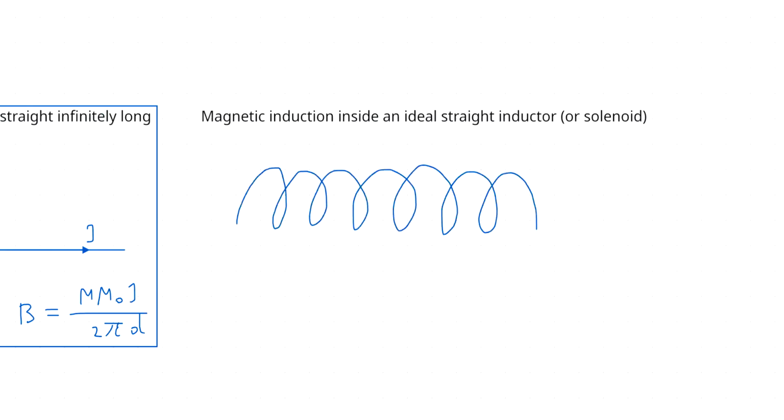And if this inductor is ideal, we have external magnetic field equal to 0, magnetic field outside of the inductor, but inside of the inductor, the magnetic field will be homogeneous.